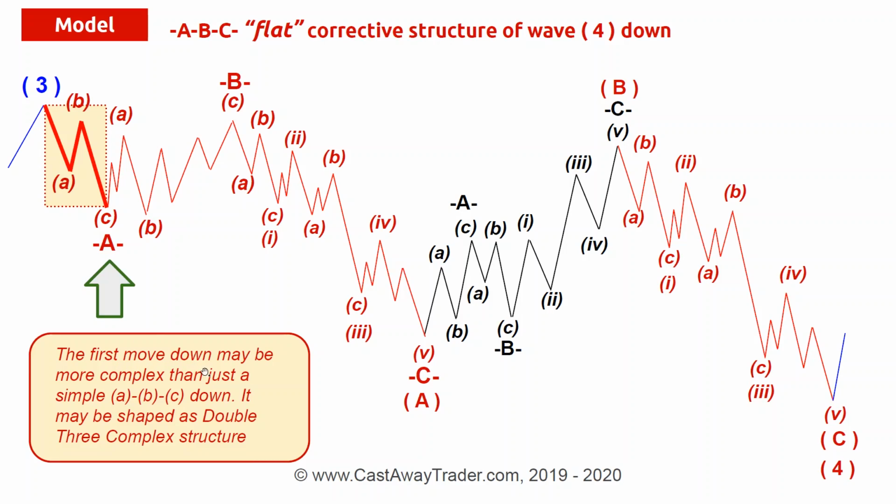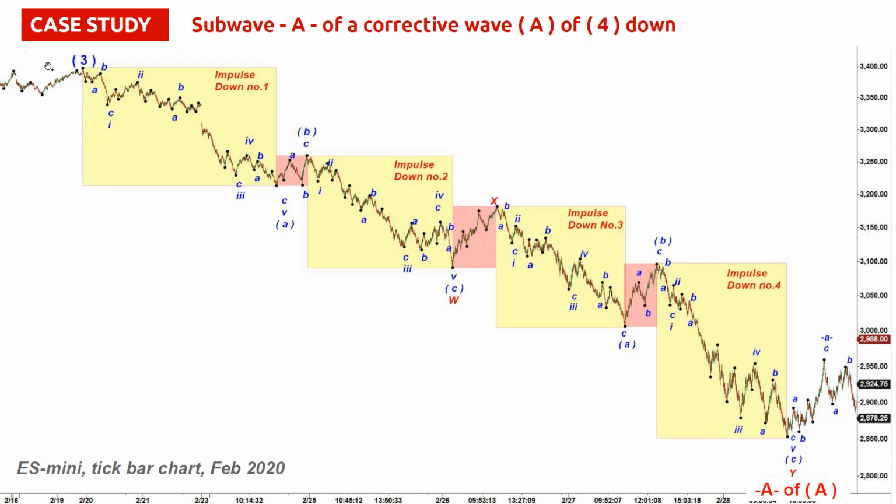So the first move down may be more complex. On that diagram you could see that the first move down could be a micro ABC down, but in the actual chart you will see that in this particular case it was not ABC, it was ABC followed by ABC, and together it comprised a so-called double 3 corrective structure.